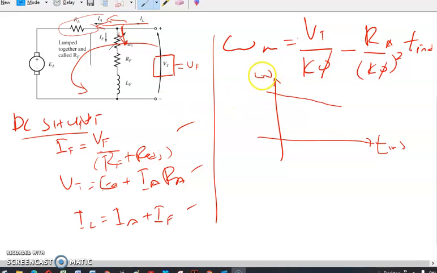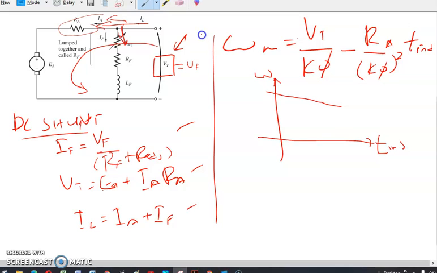In order for speed to respond linearly with the torque, when the torque increases, the speed will follow in a linear trend. So we assume that the incoming Vt should be constant.